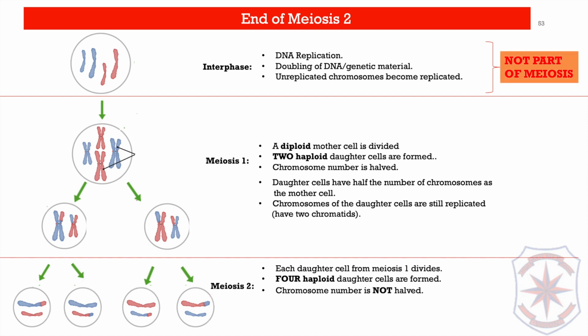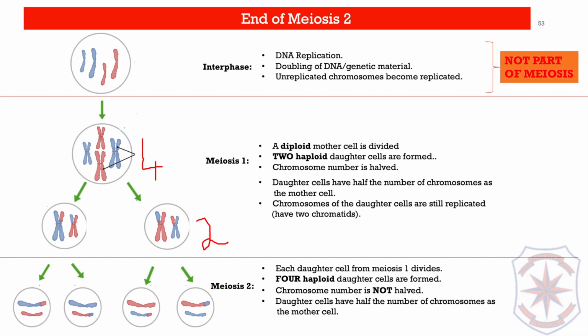So for instance, we started off with a diploid cell containing 4 chromosomes at the beginning of meiosis 1. And then we have 2 daughter cells that contain half the number of chromosomes, which is a haploid number of 2.